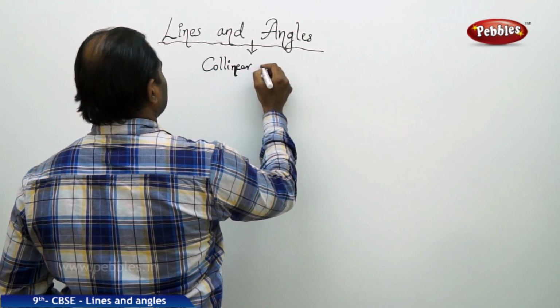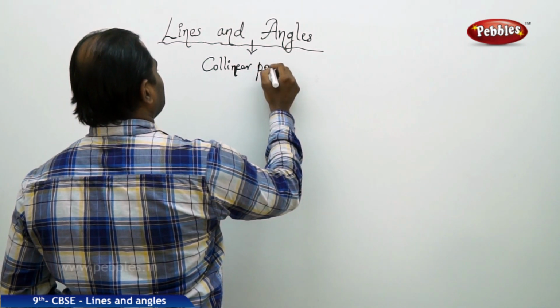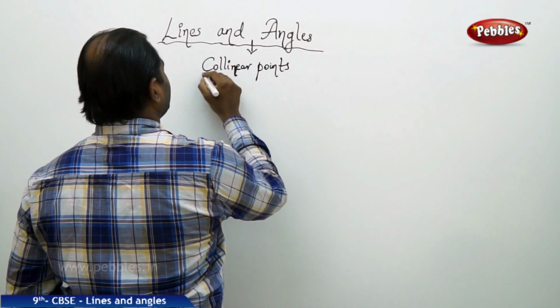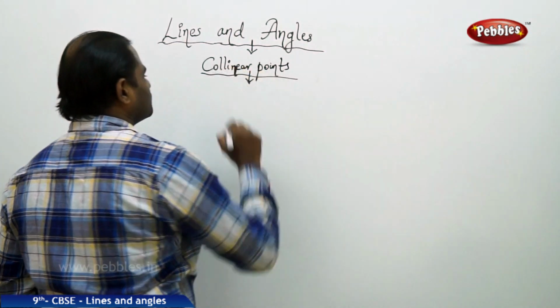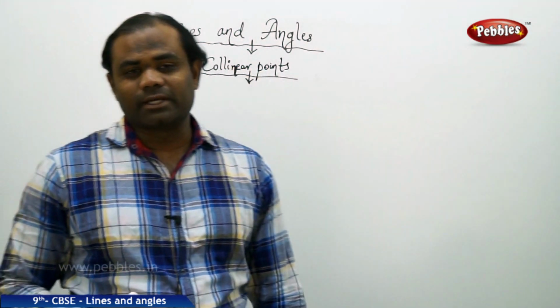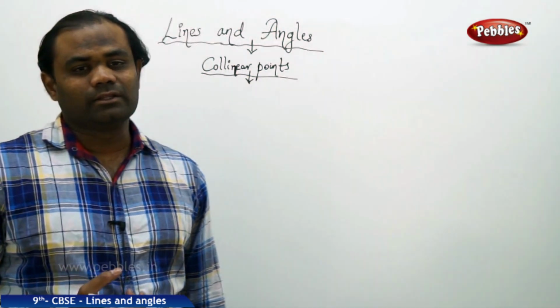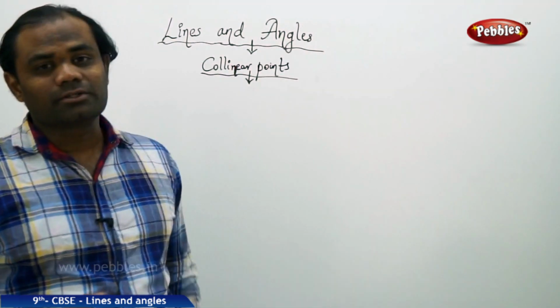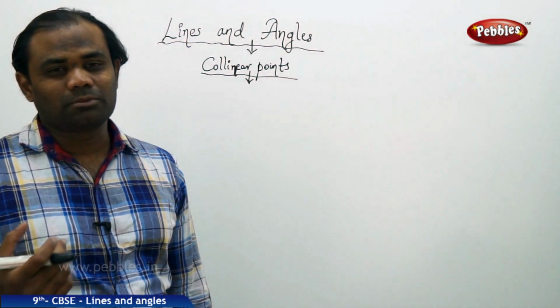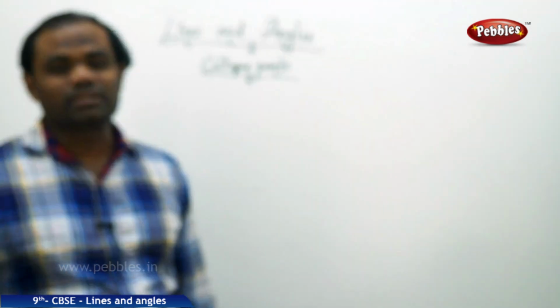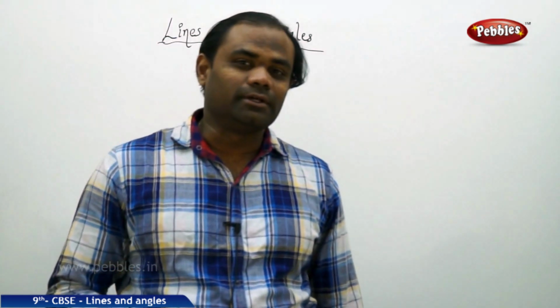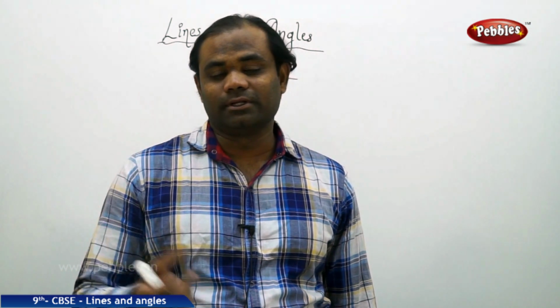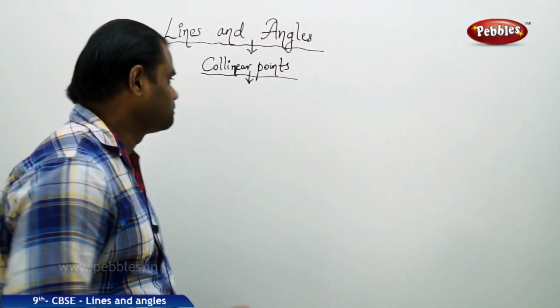Collinear points. When do we say collinear? When they are linear to each other. So when are the points linear? If all the points lie on the line, they are collinear. If all the points do not lie on the line, they are not collinear. It's very simple.